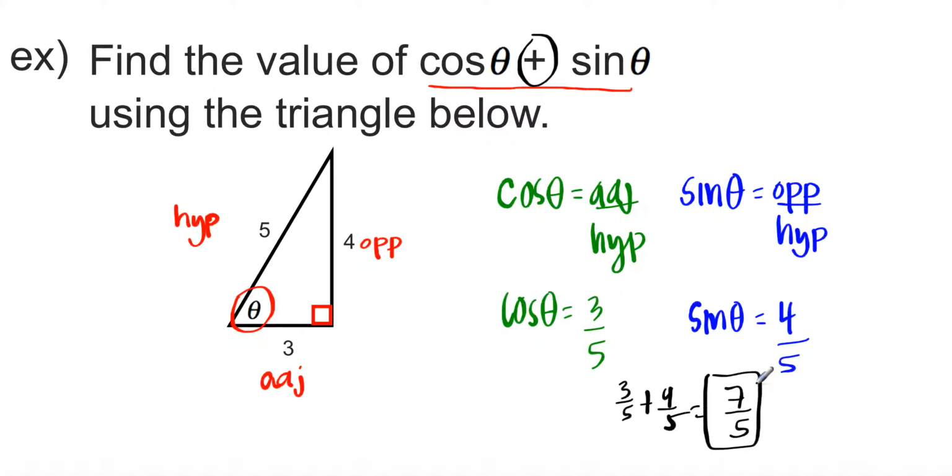Now, I mentioned there were actually 6 trig ratios, and all I've talked about here are 3. So the next three are actually going to be pretty easy to remember if you remember sine, cosine, and tangent. So first, we're going to look at cosecant.